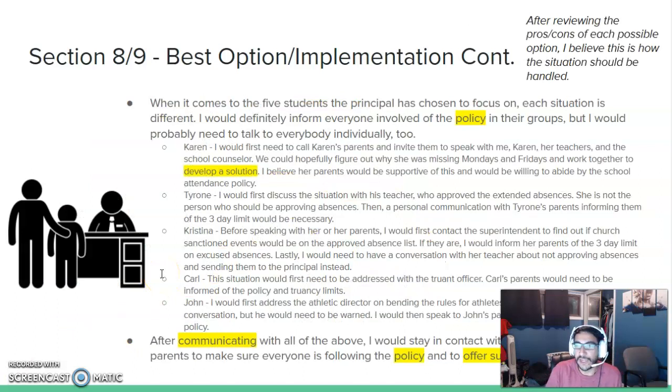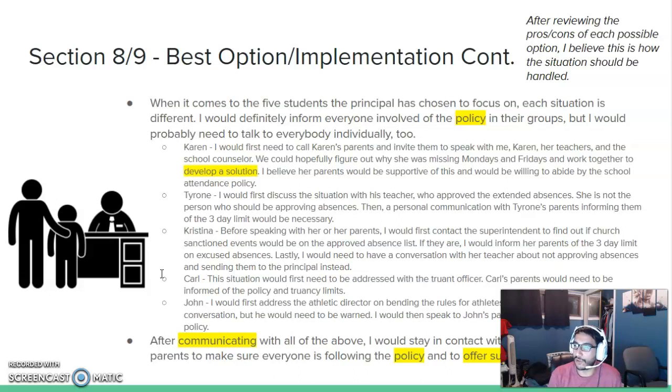Then sections 8 and 9, which is on my last slide, is just the best option or implementation. When it comes to the 5 students the principal has chosen to focus on, each situation is different. I would probably inform everyone of the policy in groups, and then I would talk to them all individually.